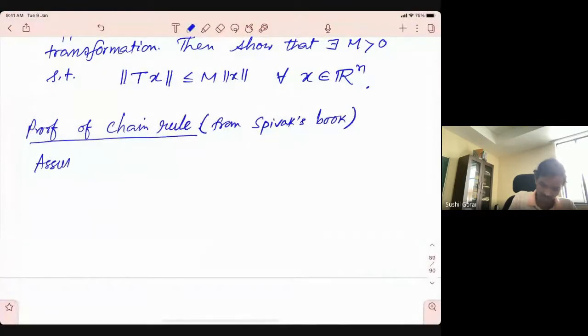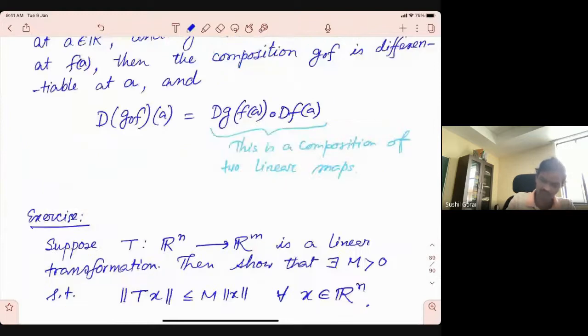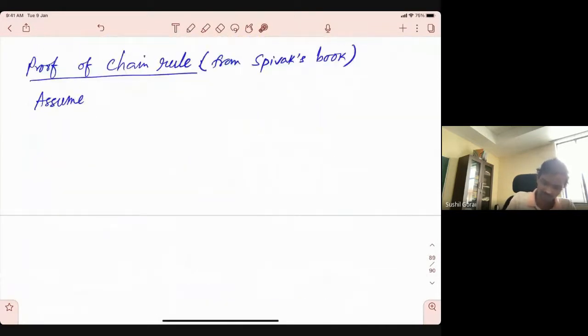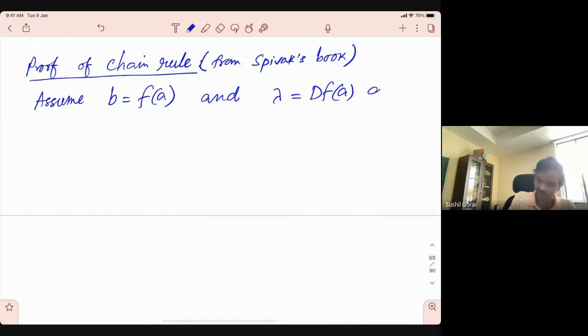Assume A is a point already there in R^m. So you assume B to be f of A, lambda to be the derivative of f at A, and mu to be the derivative of g at f(a).